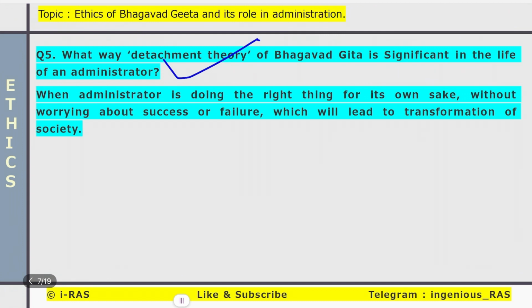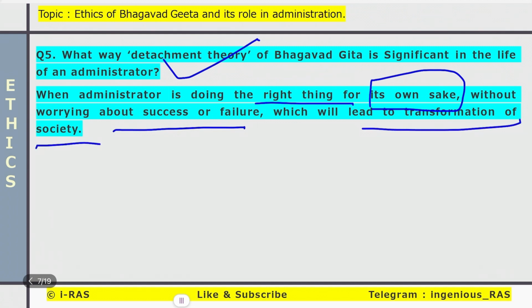So when an administrator is doing the right thing for its own sake, not for rewards or something else, without worrying about success or failure, it will lead to the transformation of society. An administrator is supposed to do things which are in public interest, not in self-interest.